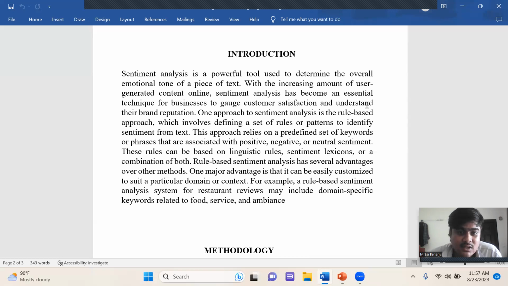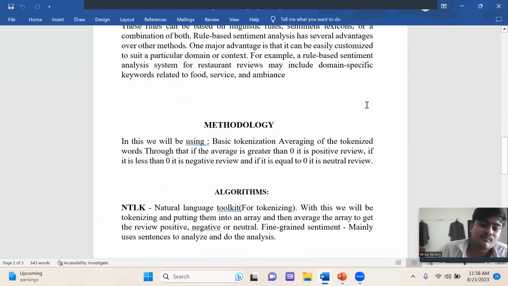One major advantage is that it can be easily customized to suit a particular domain or concern. For example, a rule-based sentiment analysis system for restaurant reviews may include domain specific keywords related to food, service, and ambience.